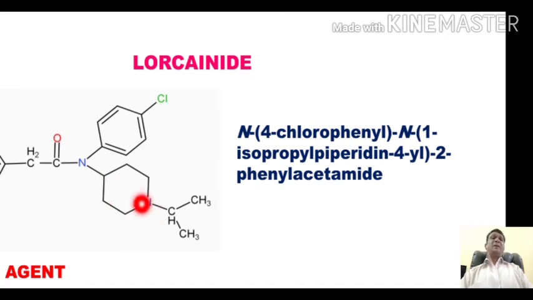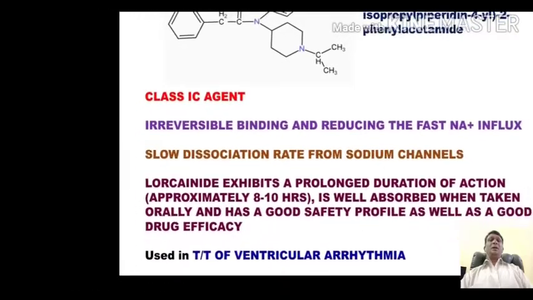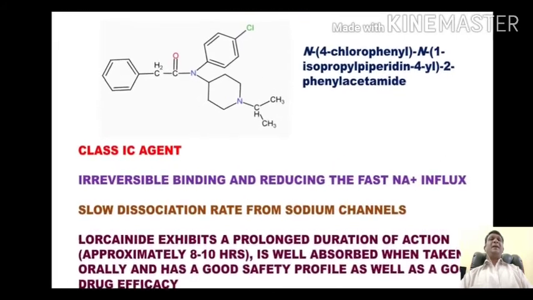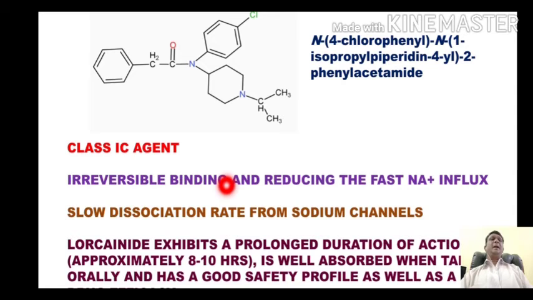For this piperidine, the numbering starts with this nitrogen as 1, 2, 3, and this will be number 4. That's why the IUPAC name of Lidocaine is this one. This agent is a class 1C agent. It has some special features, like this compound is found to possess irreversible binding on the fast sodium influx channels.